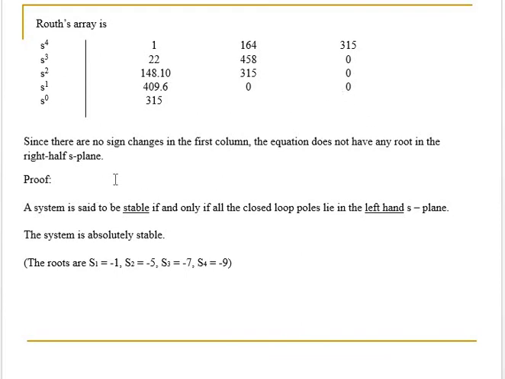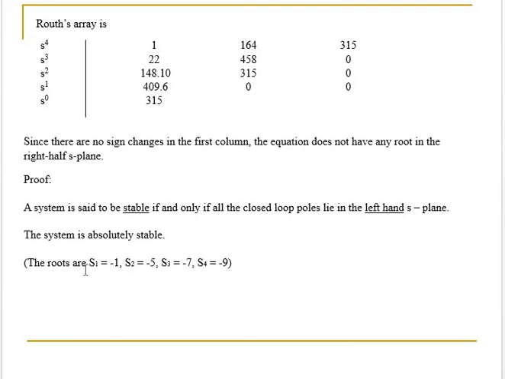Since there are no sign changes in the first column, you see here the signs are all positive, no sign change. The equation does not have any root in the right half s plane, and the system is stable. A system is said to be stable if and only if all the closed loop poles are in the left half s plane.